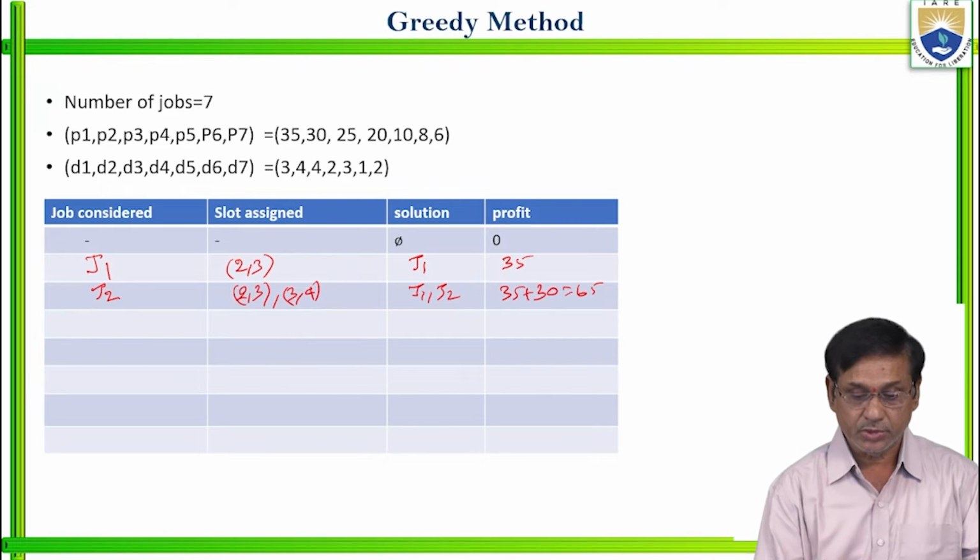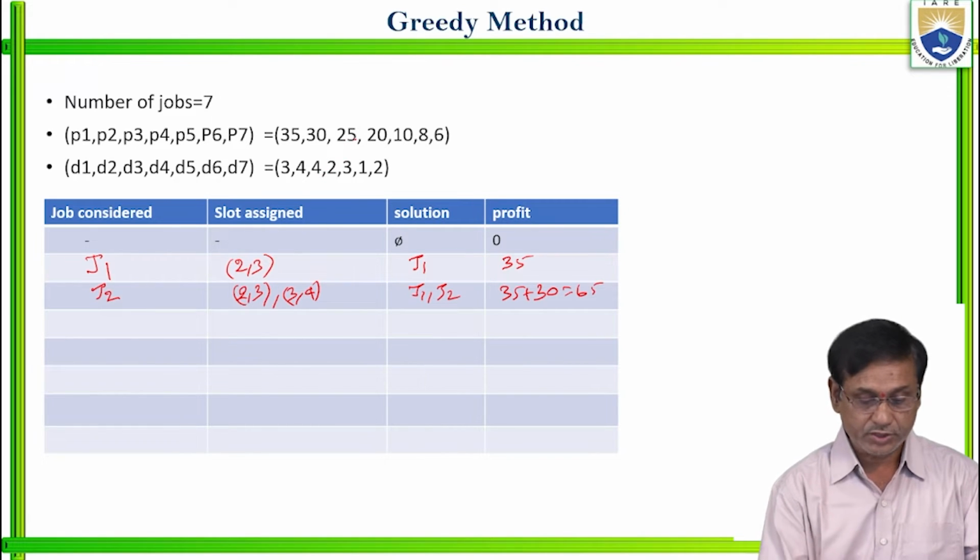Next, third job. Third job can wait up to 4 hours, but 2 slots are over, so we can consider the first slot or second slot. The profit is 25.